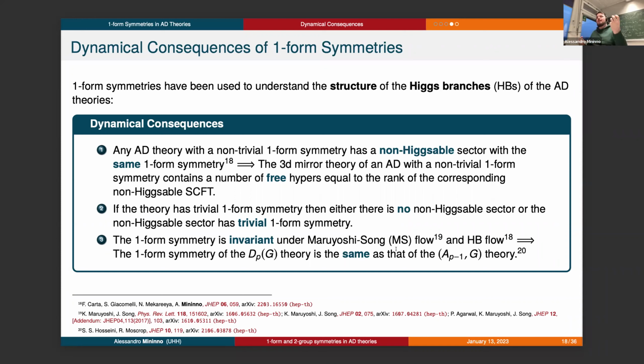So you start from any Argyres-Douglas theory and you compute the defect group, and you find that there is a non-trivial one-form symmetry. Then there must be a non-Higgsable sector which has the same one-form symmetry.